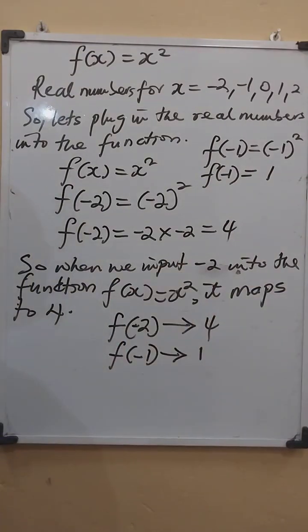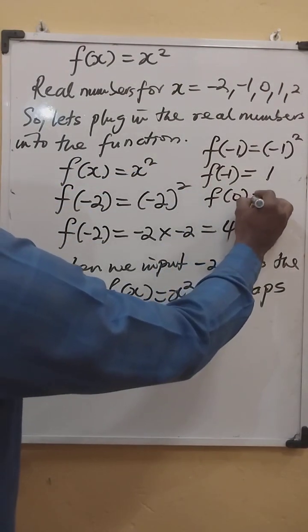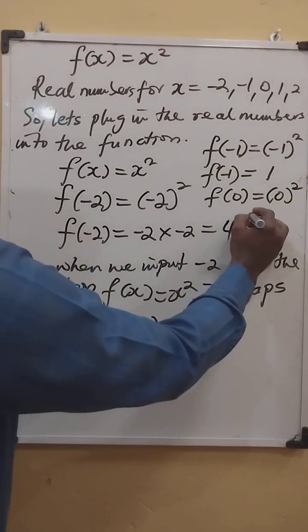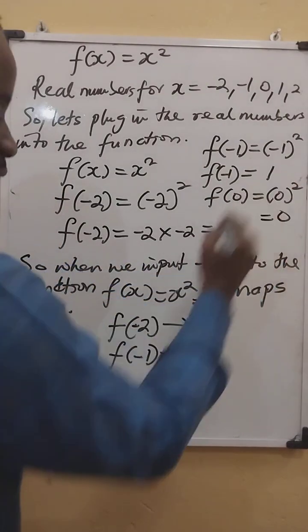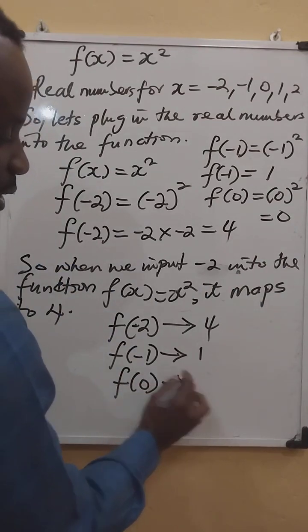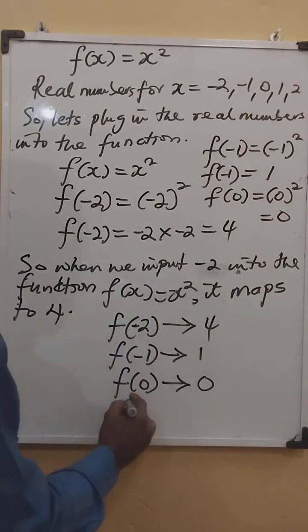1. So for 0, we just put 0. Then we have 0 squared. So the function there is equal to what? 0. So the function of 0 is mapped to 0. Did you see that? How about 1? We still come back to 1.